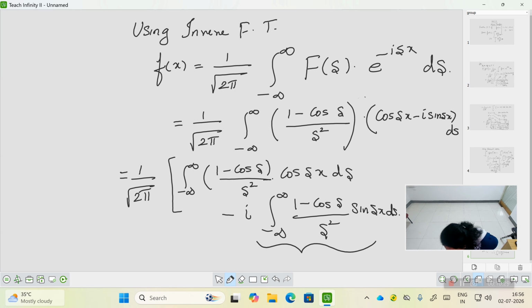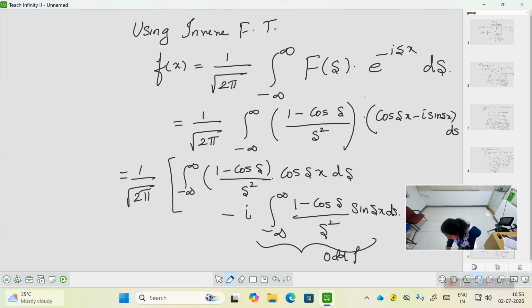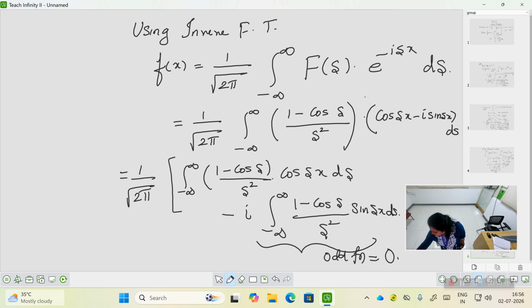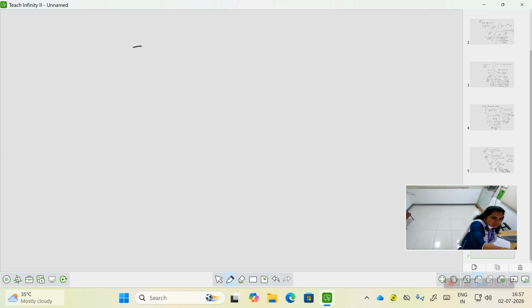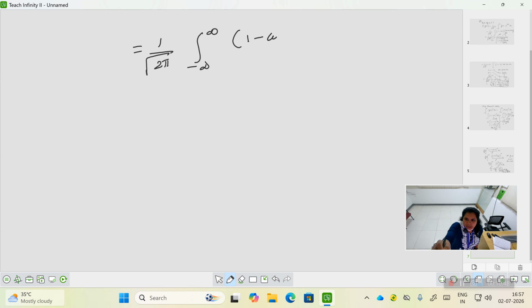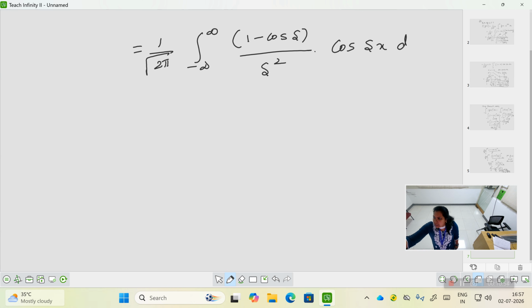So now when you look at here, this is an odd function. So automatically this term will become 0. Now we are left with only this function. So we will substitute that only. So which is 1 by root of 2 pi, minus infinity to plus infinity of 1 minus cos s divided by s square cos sx ds.